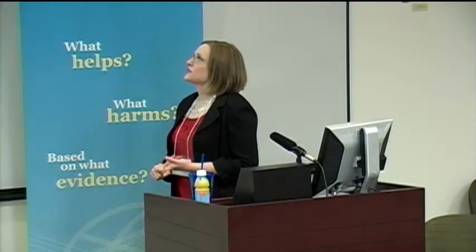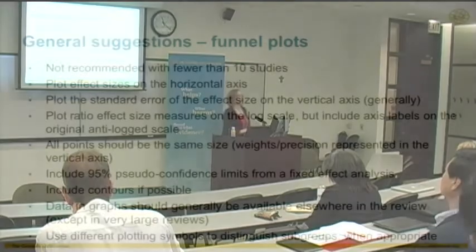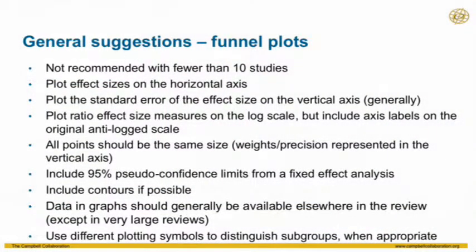Okay, general suggestions. Funnel plots aren't recommended with fewer than 10 studies because it's difficult to assess symmetry or asymmetry with fewer than 10 studies. I should probably also say they're not recommended if you've got a high amount of heterogeneity. They're not recommended if all of your studies have similar sample sizes. And they're not recommended if you have no studies with significant effects in the first place, because they can be misleading in that situation.